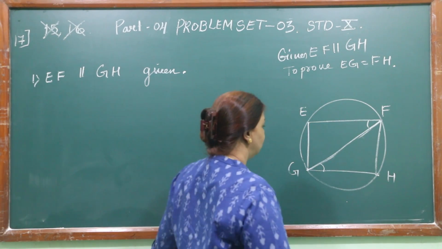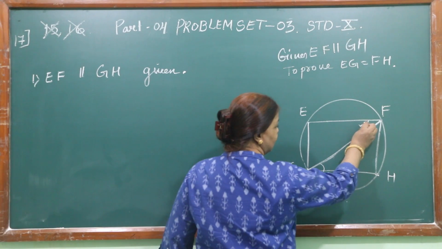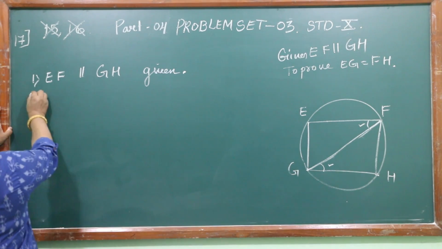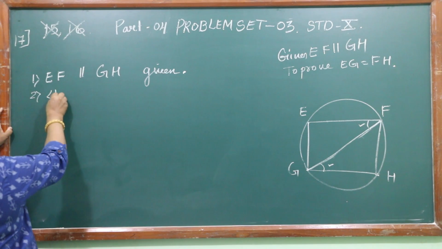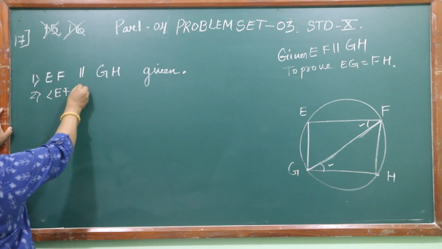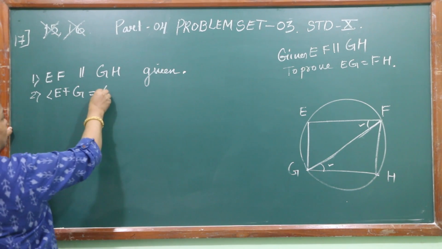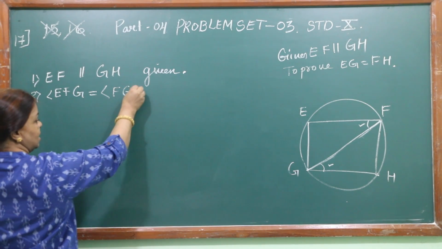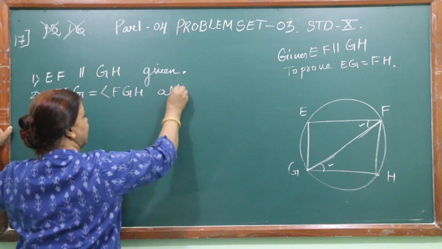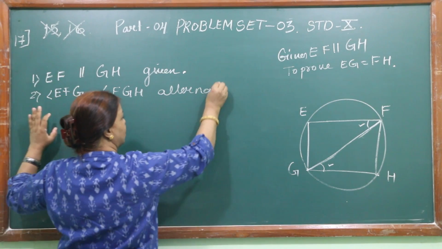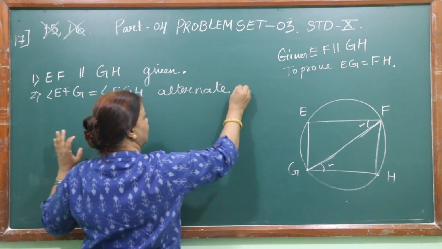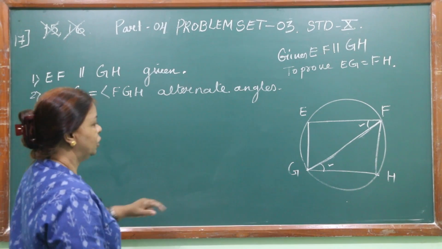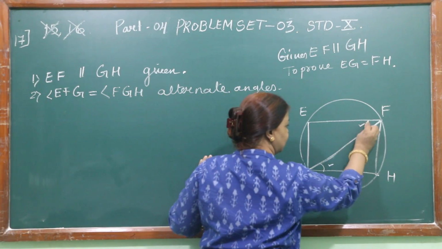Now this angle is equal to this angle, alternate angle. Angle EFG is equal to angle FGH, alternate angles, because the lines are parallel. These two angles are equal.